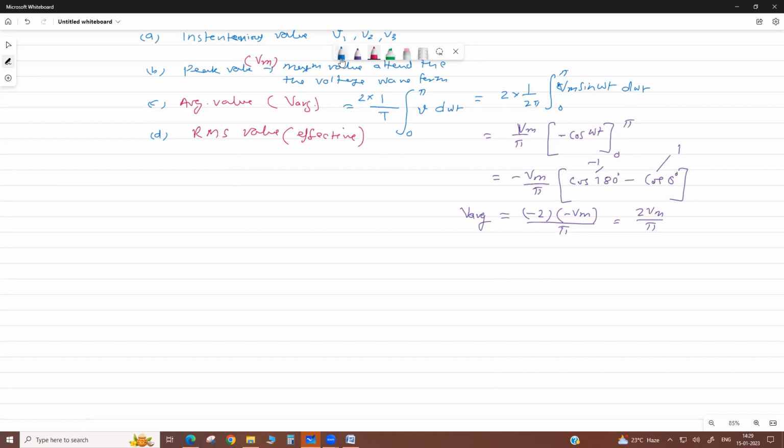It is the value of AC voltage or current which produces the same heating effect as produced by the value of DC voltage or current. Okay, we compare the heating effect. So the value of AC which produces the same heating effect as DC is called the effective value, and this RMS value is the effective value.